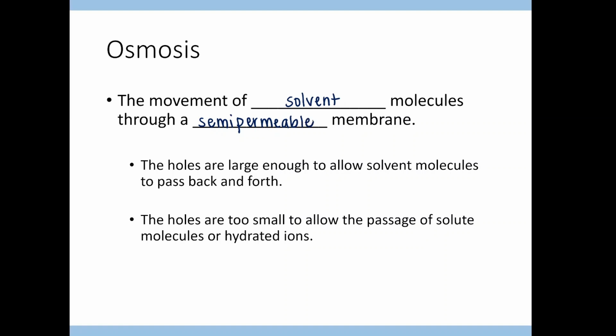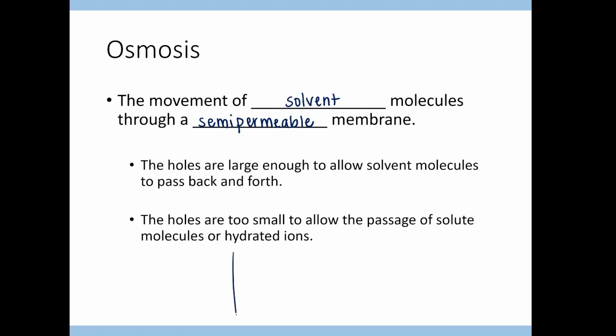A semi-permeable membrane is a membrane that allows some molecules to permeate. The holes in the membrane are large enough to allow solvent molecules to pass back and forth, but too small to allow the passage of solute molecules or hydrated ions.